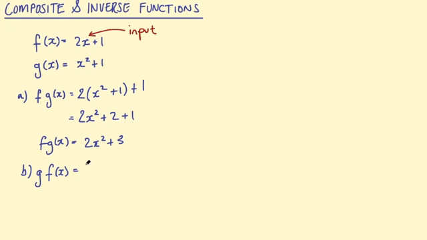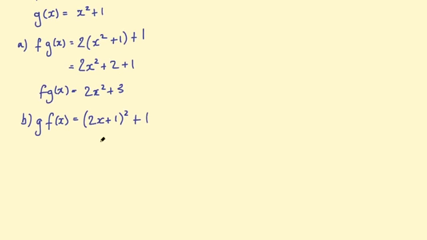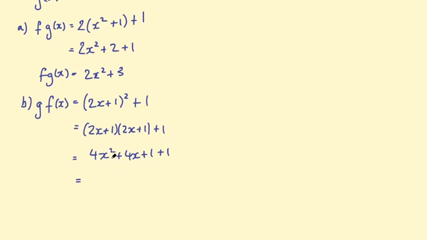So we need to square 2x plus 1 and add 1. And then we can go ahead and solve this. So expand those brackets out and multiply, and we get 2x times 2x, that's 4x squared, plus 4x plus 1 and plus 1 again. And then simplify, so 4x squared plus 4x plus 2.